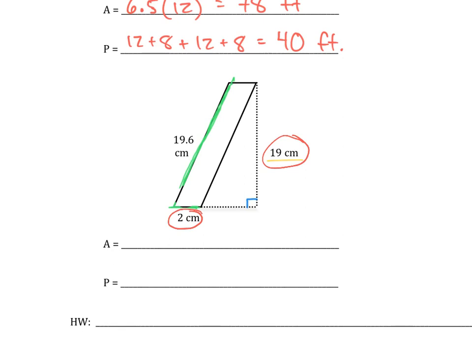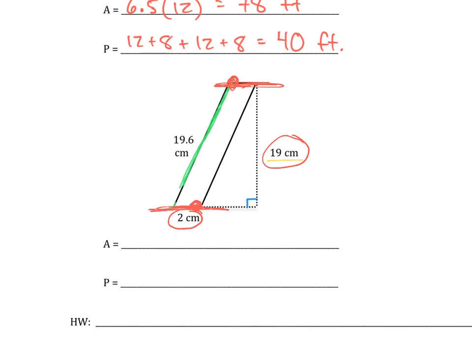Okay? The base of this parallelogram is 2 centimeters. That's the base. The height is determined by a line that is perpendicular from base to the opposite side. So I got to have a perpendicular line going from this guy to this guy.